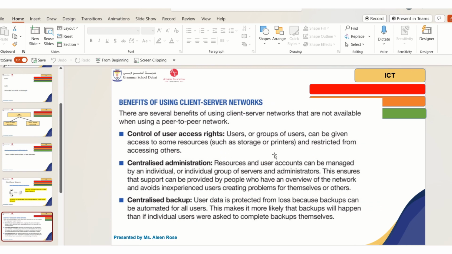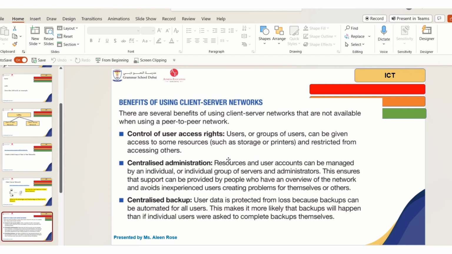The major benefits of a client-server network, you have to learn these: control of user access, like who is accessing what resource, it can be storage or any peripheral device. Centralized administration, you can have administrators to monitor what people are doing.